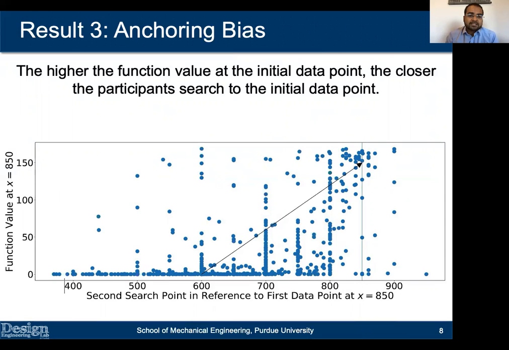For example, at x equal to 850, if I have observed that the function value is 150, my next decision is very close to 850, and that's the sort of observation that we have. We also see these streaks, which show that participants are still choosing values at the mid-range as well, so we see a combined effect of these different biases taking place.